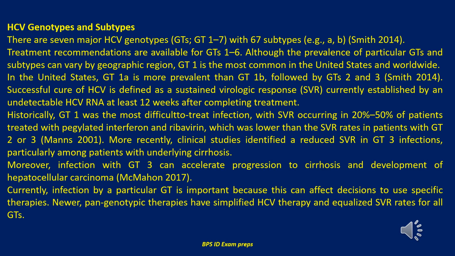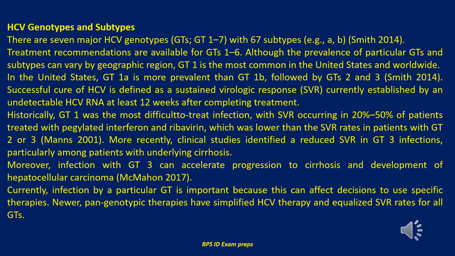There are 7 major HCV genotypes, abbreviated as GTs, GT1 to 7, with 67 subtypes, e.g., A, B, according to Smith 2014. Treatment recommendations are available for genotypes 1 to 6. Although the prevalence of particular genotypes and subtypes can vary by geographic region, genotype 1 is the most common in the United States and worldwide.